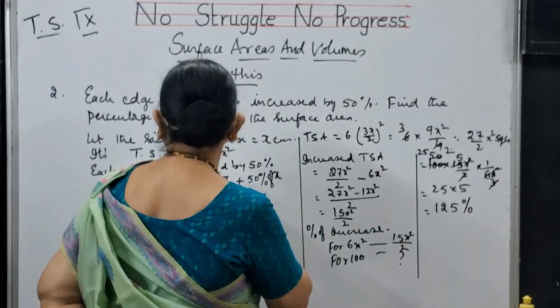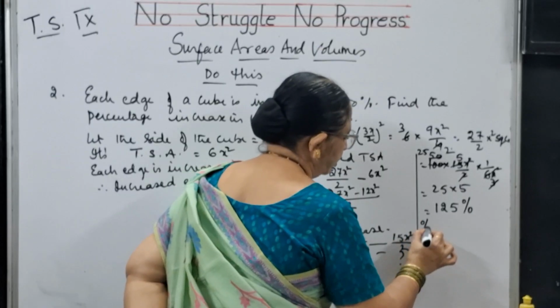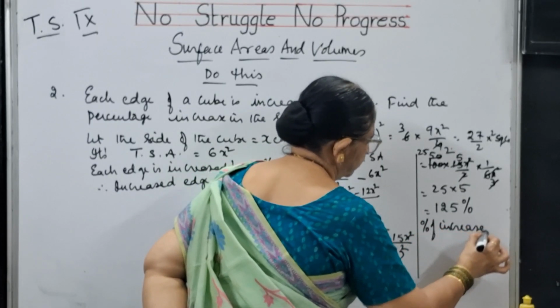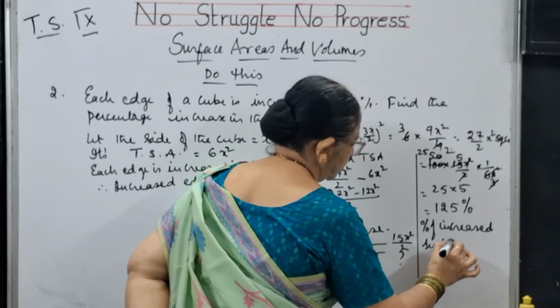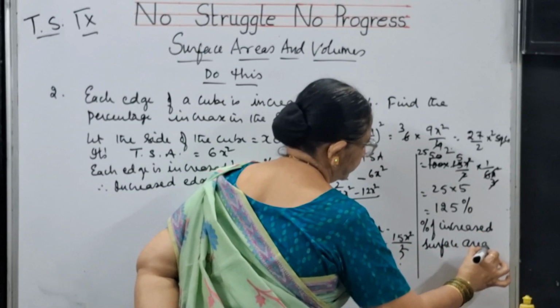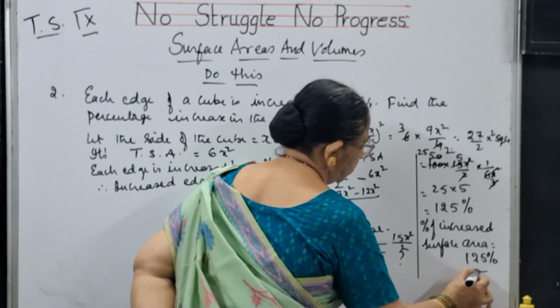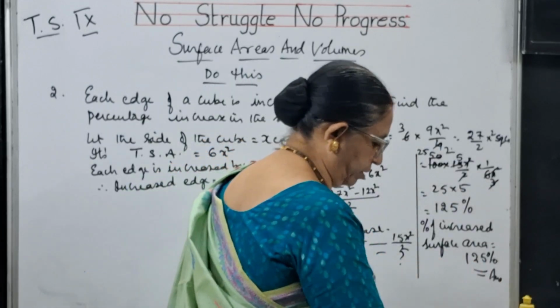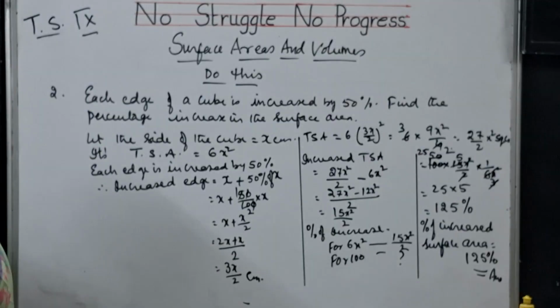So the question is, find the percentage of increased surface area. Percentage of increased surface area is equal to 125%. This is the answer, children. Please note it down. This is the second problem of do this sum.